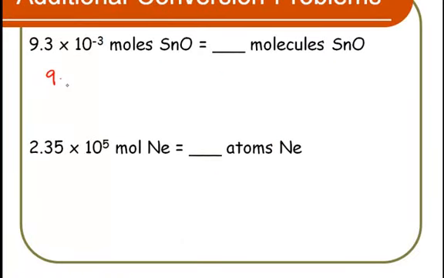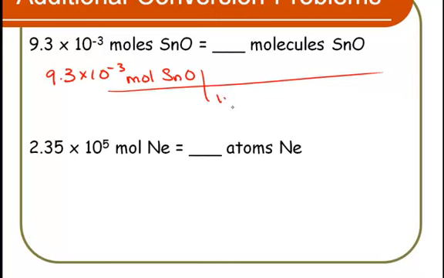So we take our 9.3 times 10 to the negative third moles of SnO, and we'll put our 1 mole of SnO on the bottom, and 6.02 times 10 to the 23rd molecules of SnO on the top.